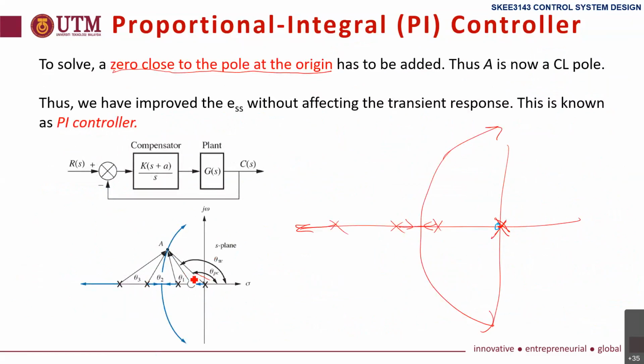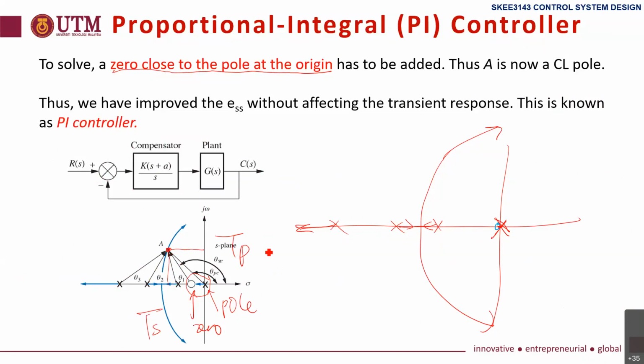So here we can see this is the pole and this is the 0. The 0 here is a small value. Then we can maintain the root locus, and we can get the same A point. Then we get the same Tp, same Ts.